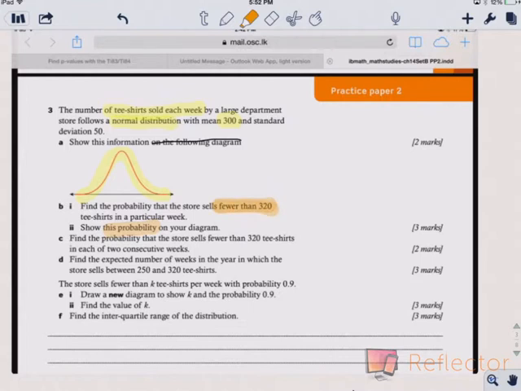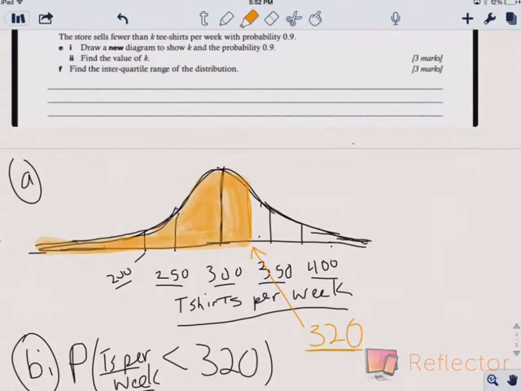So that's the diagram partly completed, but that's what we're going to be finding in the first part: the probability that the store sells fewer than 320 t-shirts per week. So we're going to be finding this area under this curve.